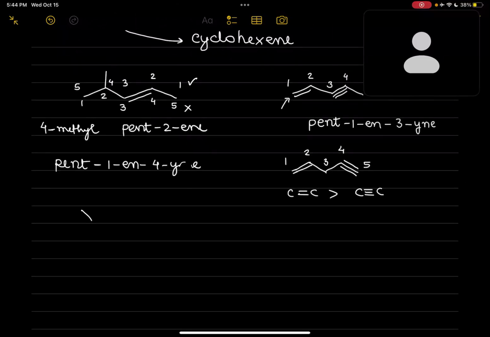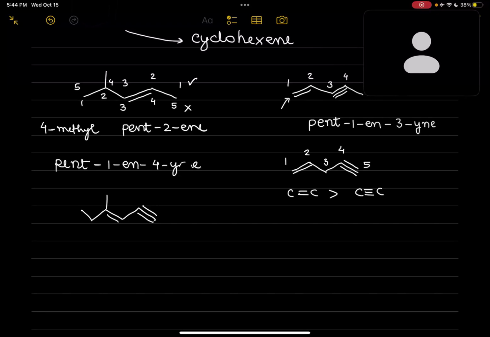But let's say if it is like this, with a double bond and a triple bond, from where should we start the numbering?